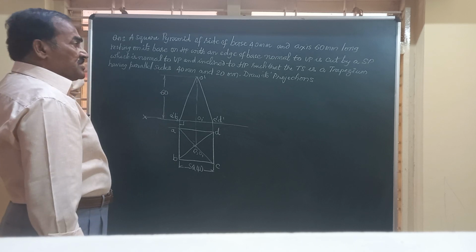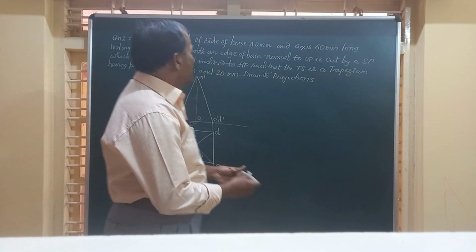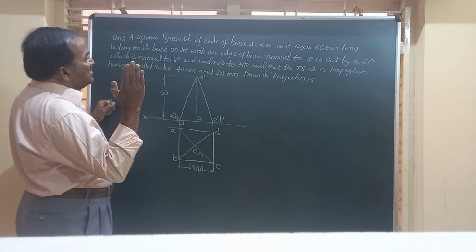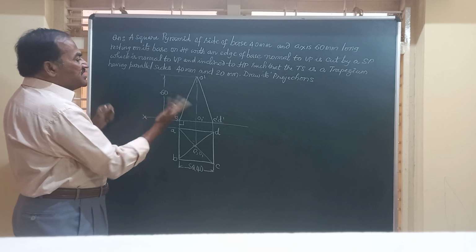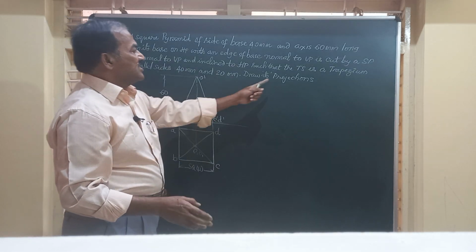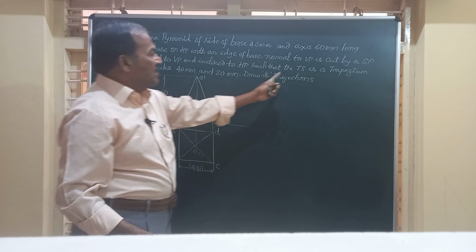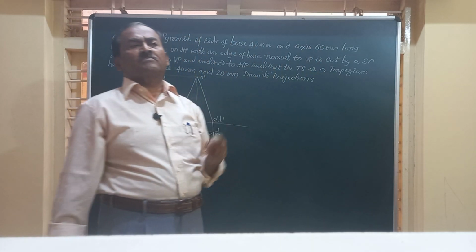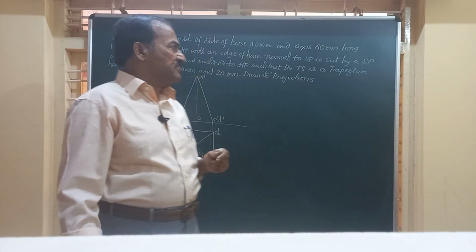Friends, the pyramid in this question is cut by a section plane which is normal to VP, perpendicular to VP and inclined to HP, such that the true shape of the section is a trapezium. Trapezium will have two parallel sides and a distance between them.